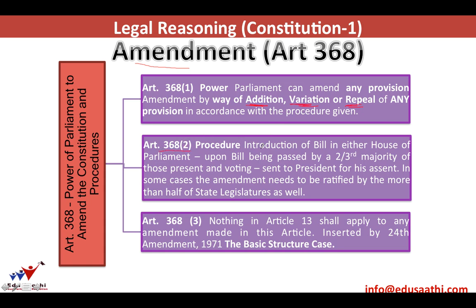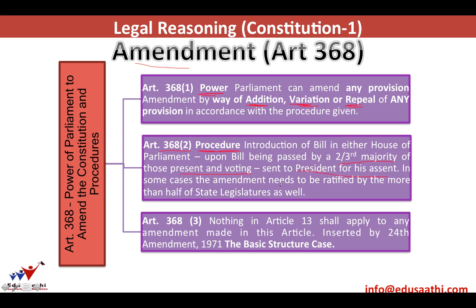Article 368 clause 2 says, procedure, introduction of bill in either of the houses. This is related to power, and this is in relation to the procedure. Introduction of bill in either house of the Parliament. The bill has to be introduced in one of the houses of the Parliament. Upon bill being passed by two-thirds of the majority, those present and voting, it has to be passed by the two-thirds majority of the members of Parliament, and then it is sent to the President for his assent.